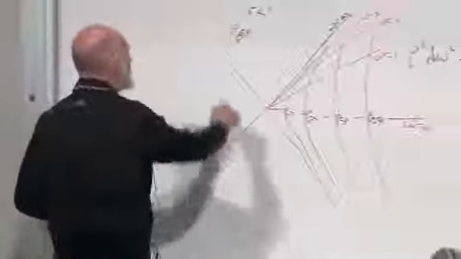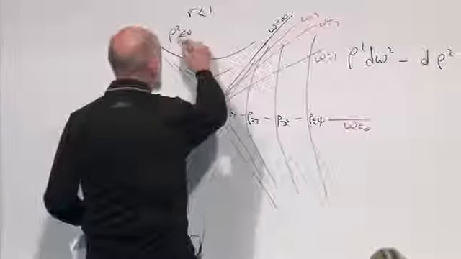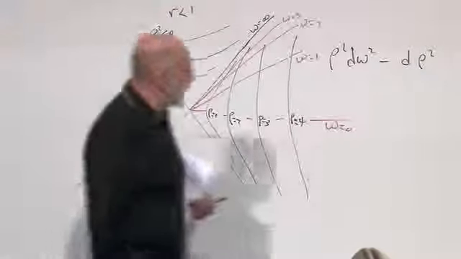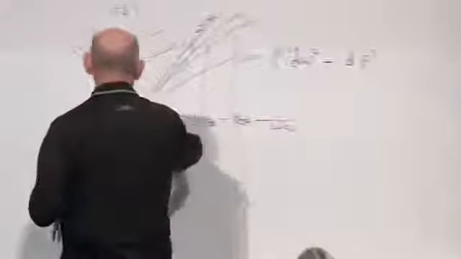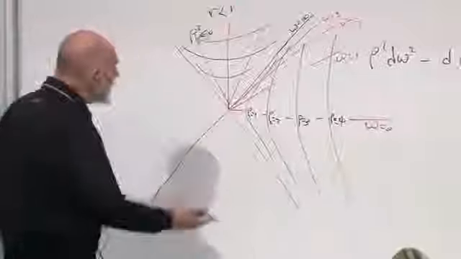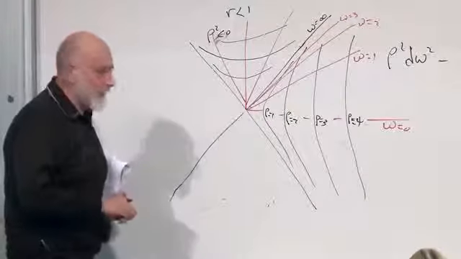And the lines of constant rho in here look like that. The lines of constant omega are still angles, they look like this. Nothing crazy is going on here. Space has not become time, time has not become space.